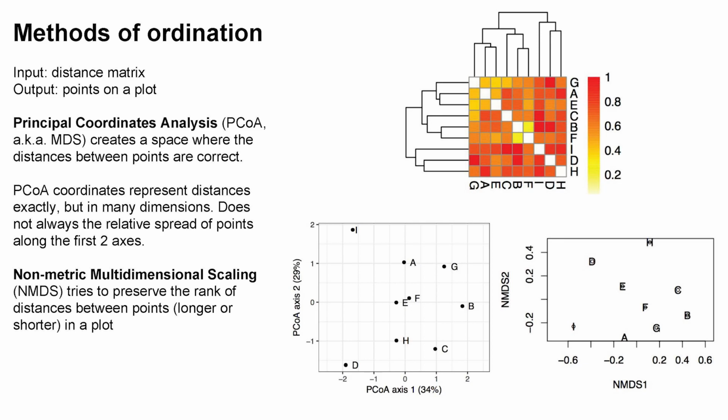So the metric version is called principal coordinates. What the method is doing is taking that distance matrix and making a space where you've put points in the space where their Euclidean distance corresponds to this distance matrix.